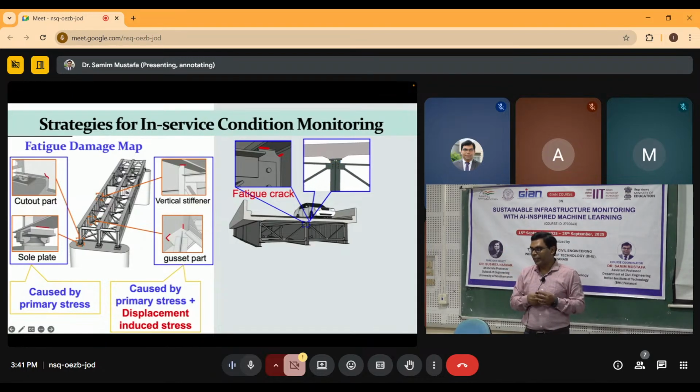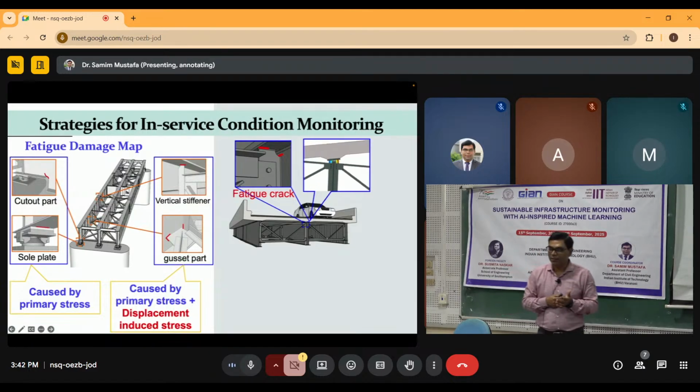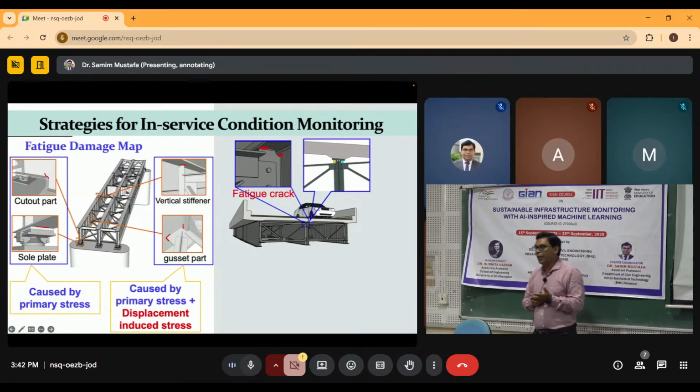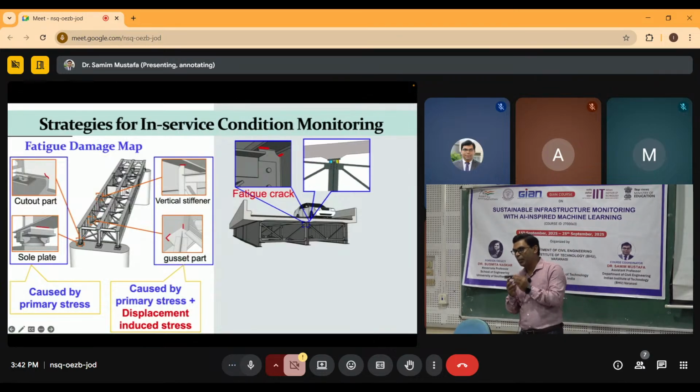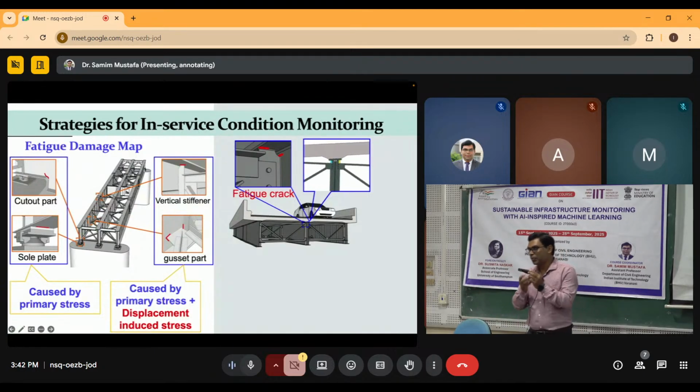Right, number of vehicles and weight of the vehicles. So based on this information you can evaluate how many stress cycles this member has gone through, or how many stress cycles this member has remaining before going into the fatigue crack. So if you have this information, then you can go to the site, retrofit those members, and prevent the fatigue crack.